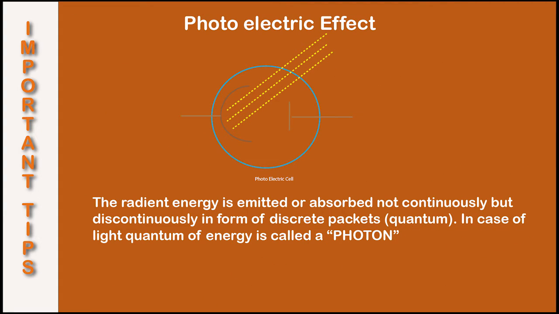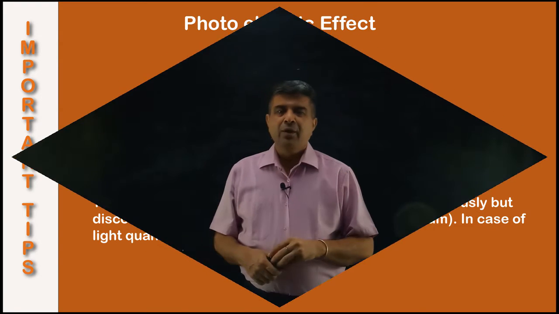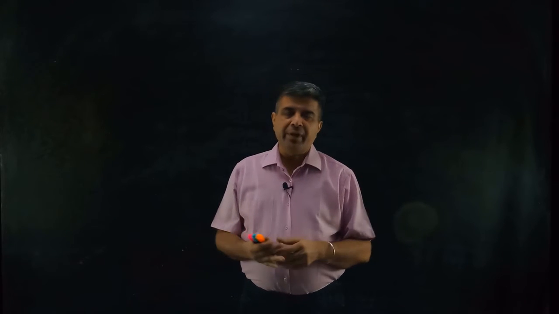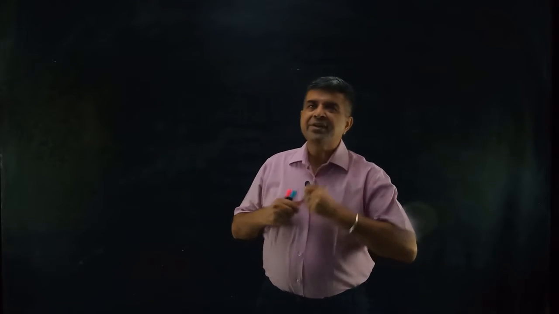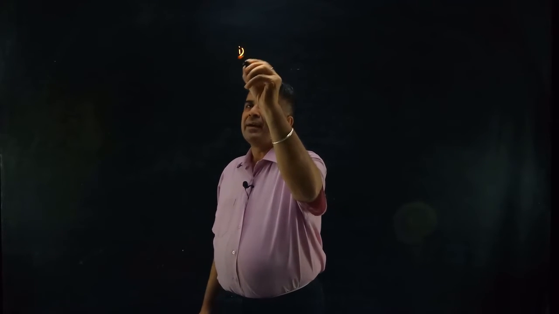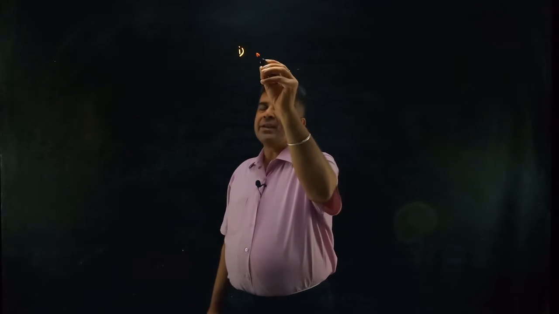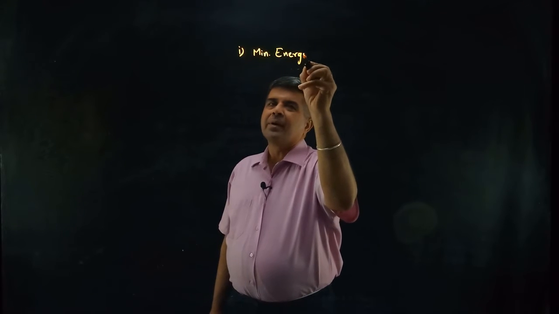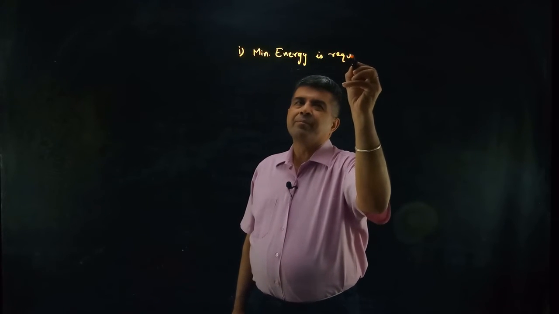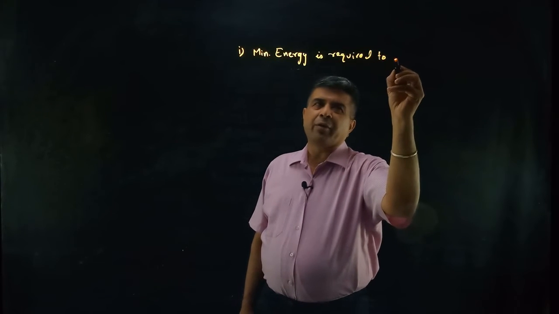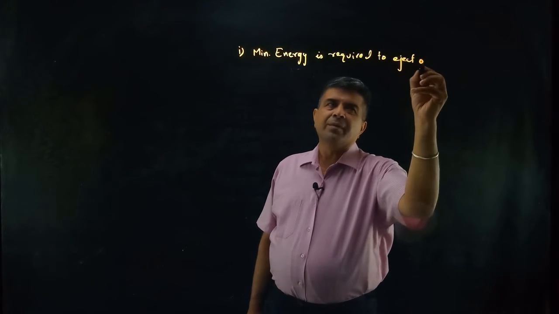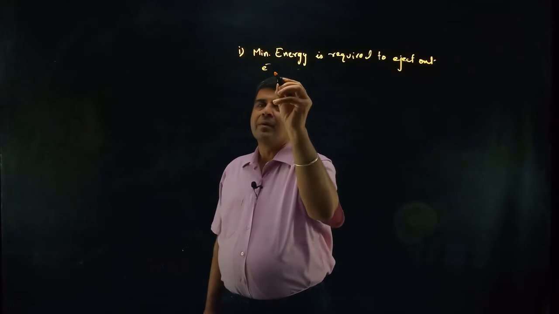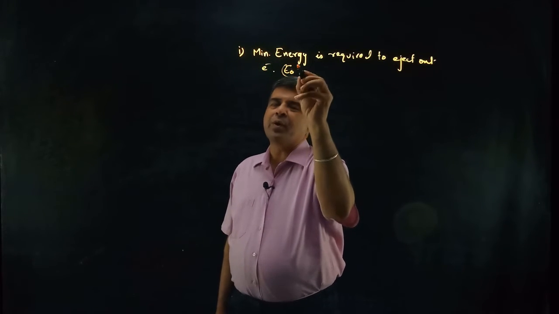On your screen you can see the important points of photoelectric effect. You can jot it down or you can take a snapshot of the screen. So let's see Planck's quantum theory. Now according to this theory, the first point was that minimum energy is required to eject out electrons, and it is termed as threshold energy.